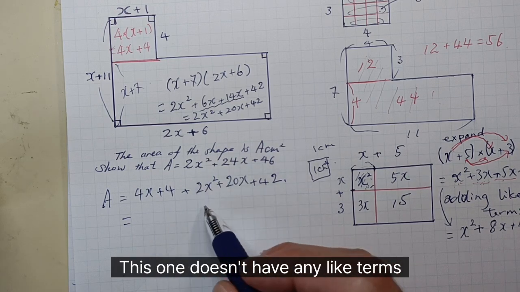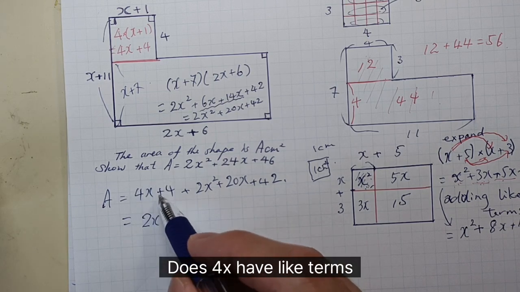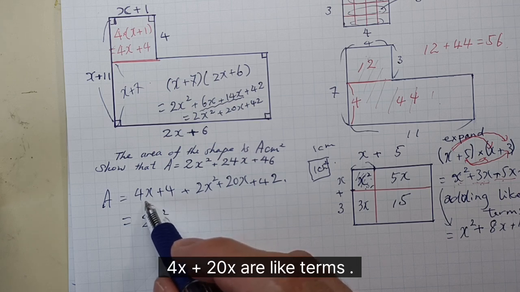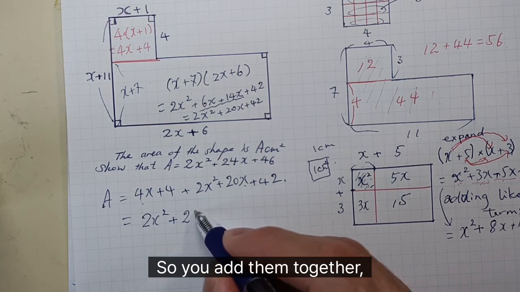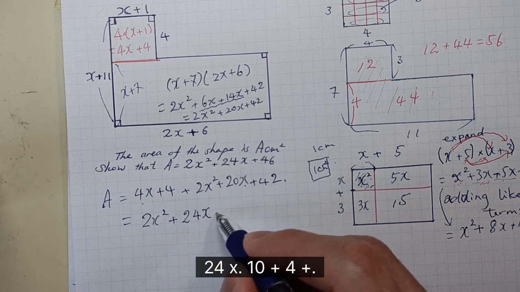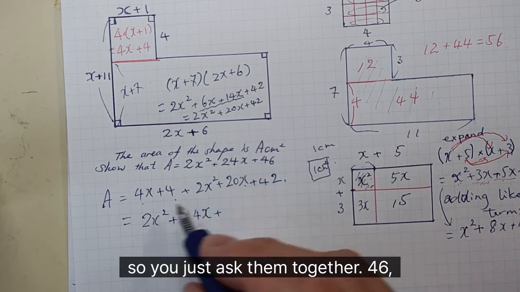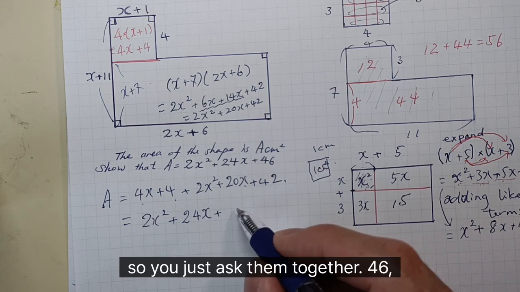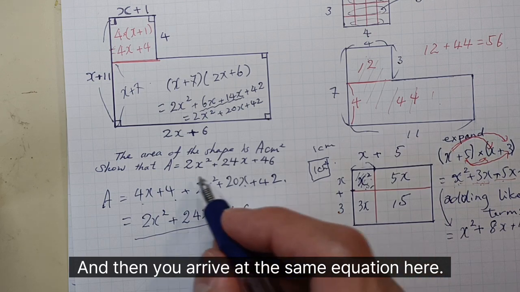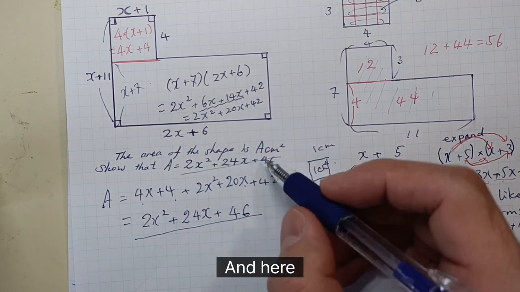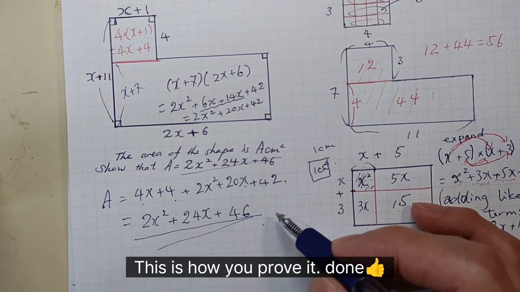This one doesn't have any like terms, so I just leave it as it is, 2x squared. Does 4x have like terms? 4x plus 20x are like terms, so you add them together, 24x. And then plus 4 and 42. These are numbers, so you just add them together, 46. And then you arrive at the same equation here and here. So this is how you prove it.